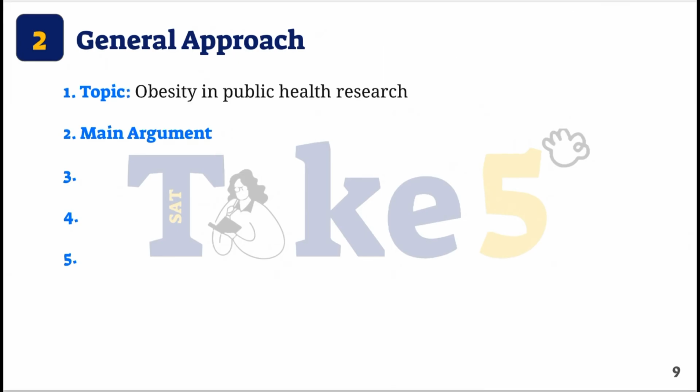Next step, we identify the main argument of two texts, 1 and 2. This is where they talk about the same topic differently by the so what part. Characterize the topic using different adjectives or actions. For example, both passages talk about obesity in public health.